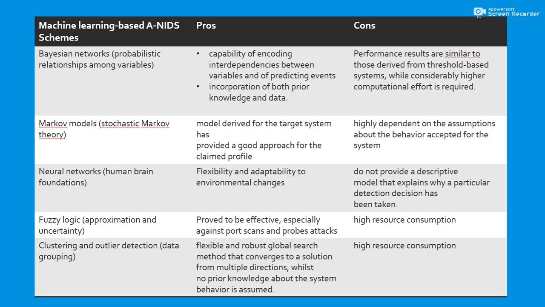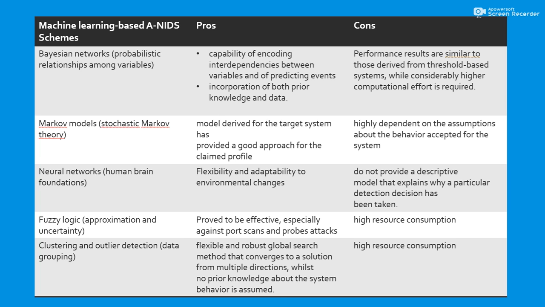The advantage of the Markov model is that it provides a good approach for the claimed profile of the target system, but the disadvantage is that, like in Bayesian network, the results are highly dependent on the assumption about the behavior accepted for the system.